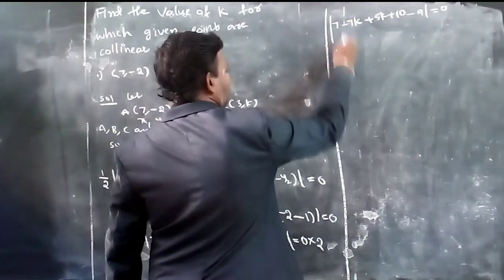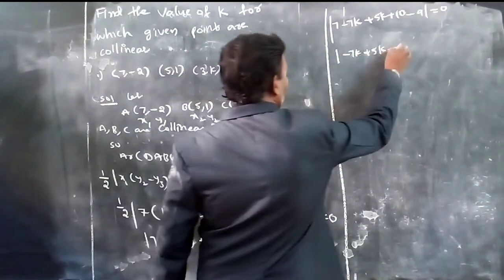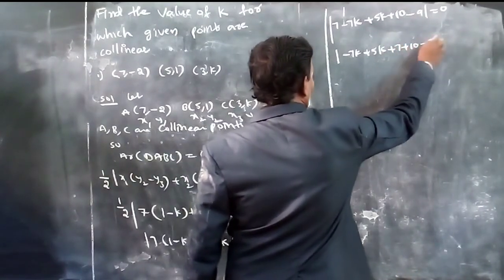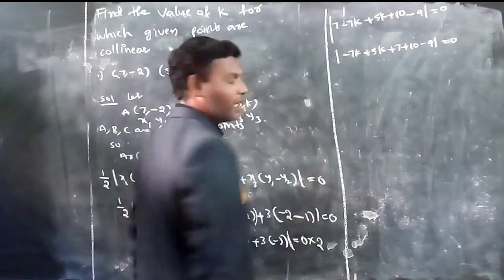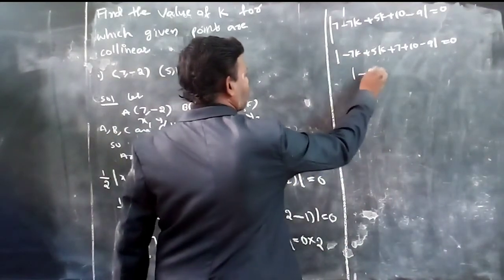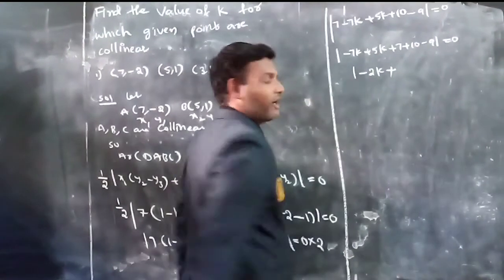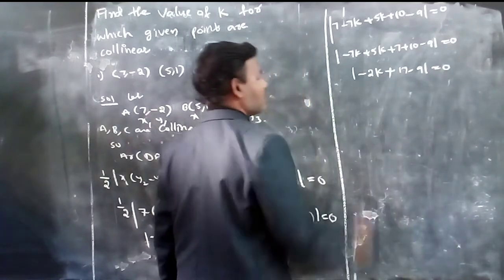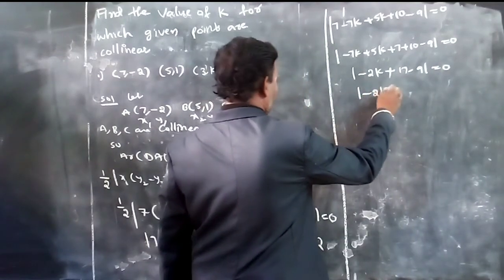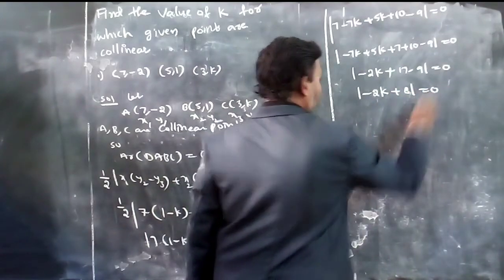Now take minus 7k plus 5k plus 7 plus 10 minus 9 is equal to 0. Minus 7k plus 5k is minus 2k, and 10 plus 7 is 17, 17 minus 9 is 8, so minus 2k plus 8 is equal to 0.